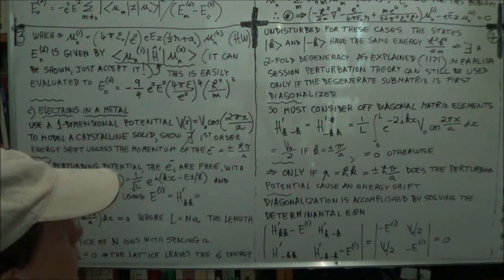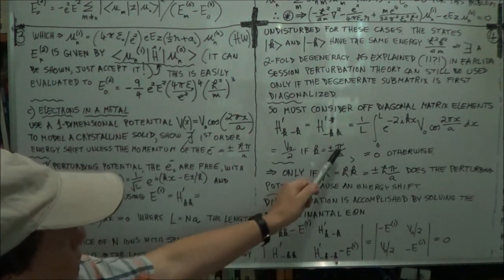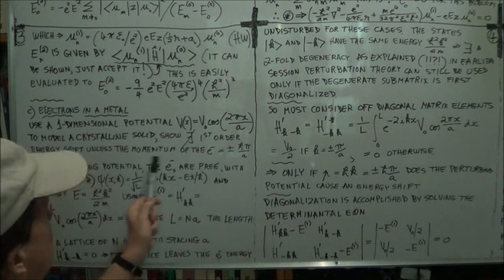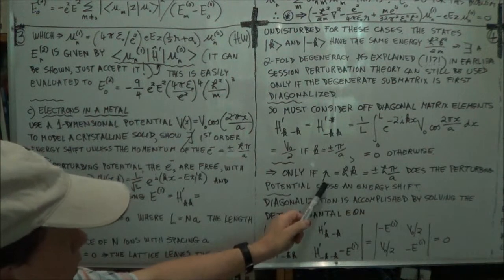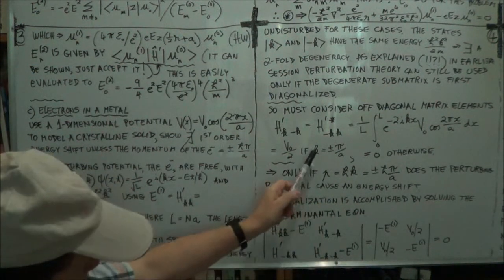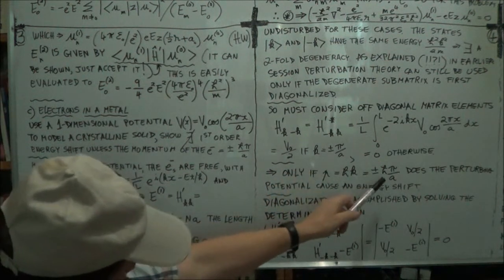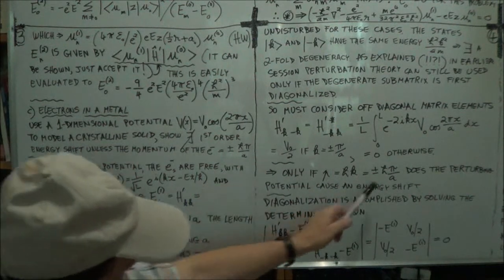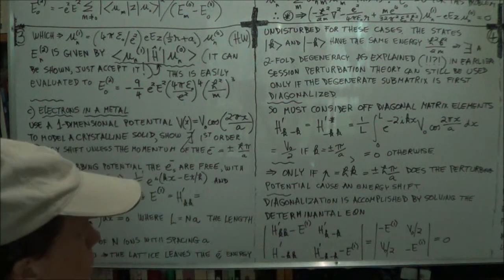If k is this, then you're talking about the momentum, but from the de Broglie formula, the momentum is h bar k. So if you multiply this by h bar, there's the result, right? Plus or minus h bar pi over a. Here it is.